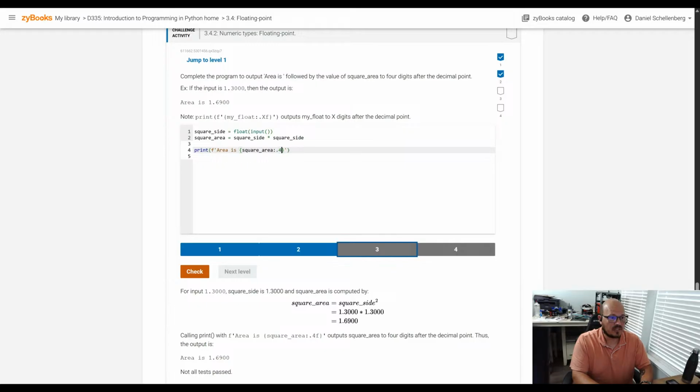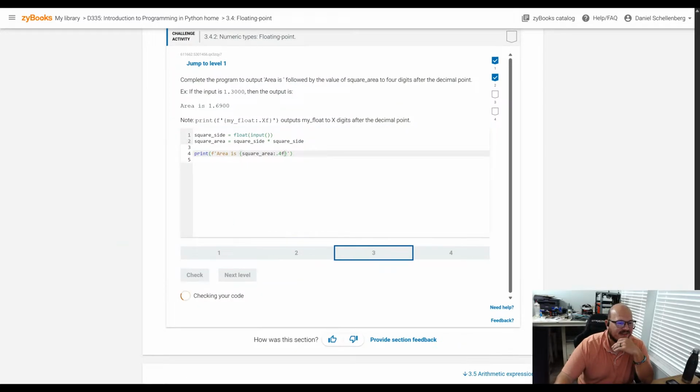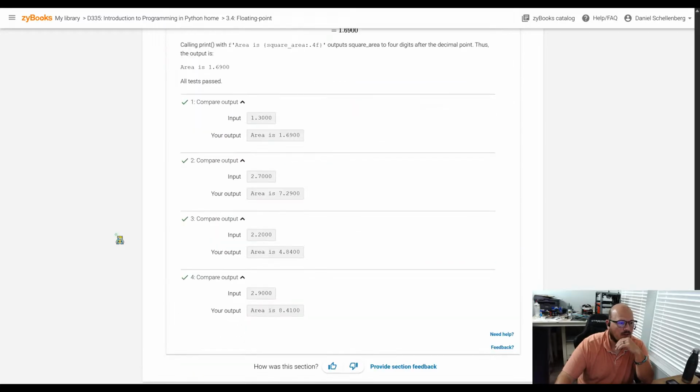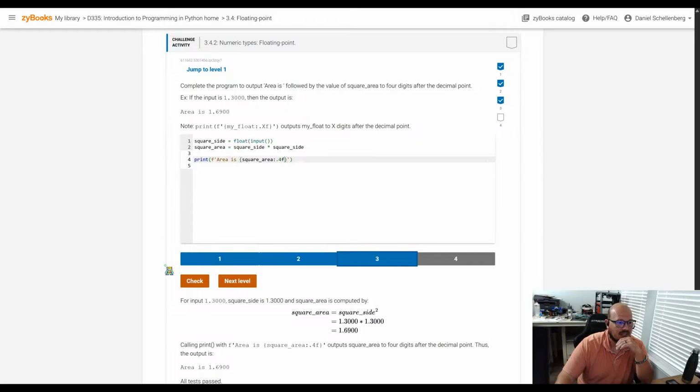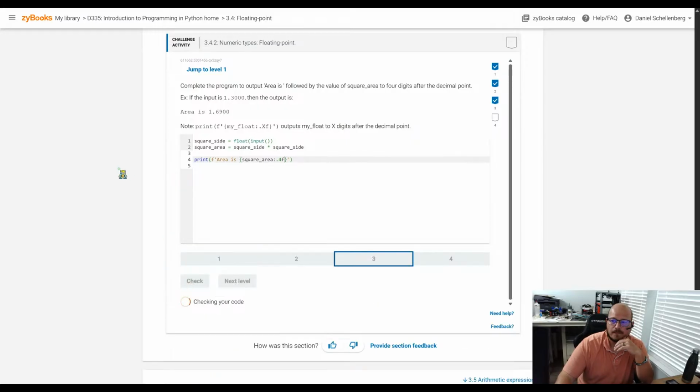We want 4 digits after the decimal point, and I did not do that. Let me make sure before I click check again. Check the program and output area is followed by the value of square area, 4 digits. So it should be right this time. Okay, so I was just messing up the little details that should matter.